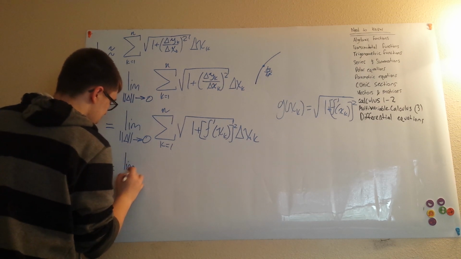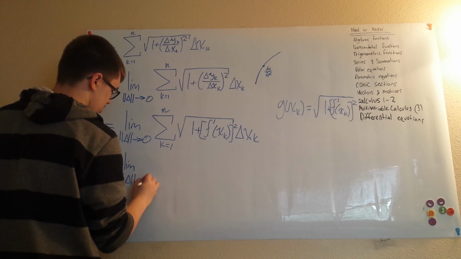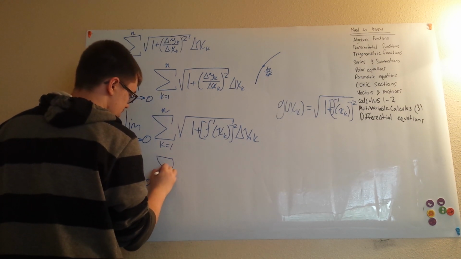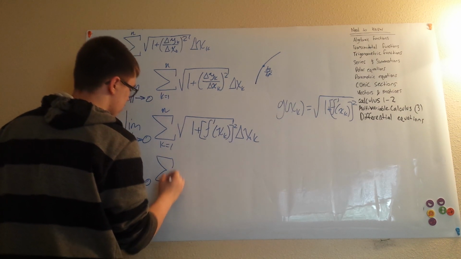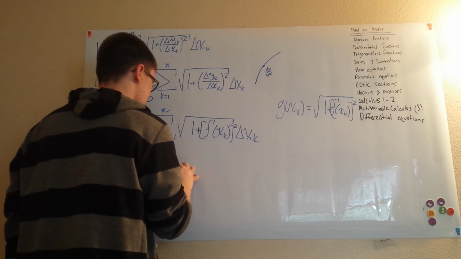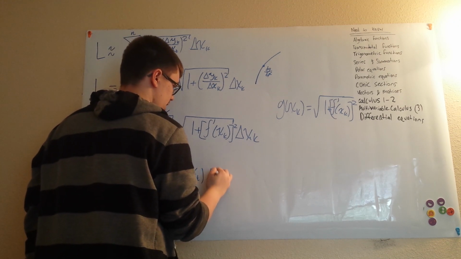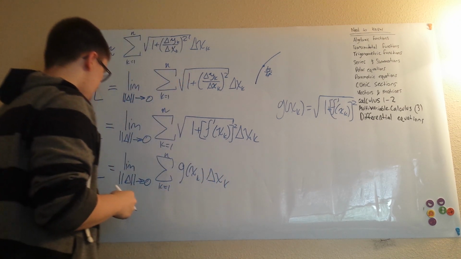The limit as the norm of the partition approaches 0 of the summation from k equals 1 to n of, well, we substituted g of x sub k, times delta x sub k.